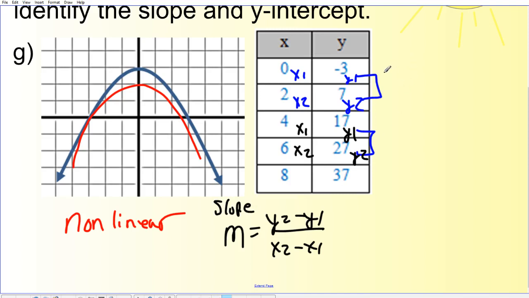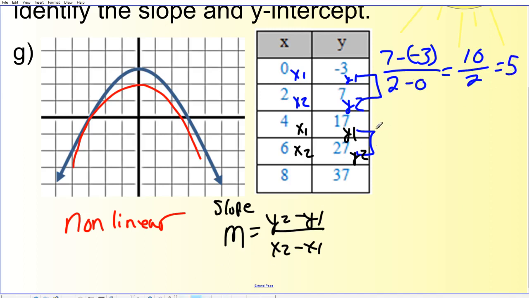So starting in the blue, we have y2 minus y1 over x2 minus x1. And so I'm plugging in the points I've labeled here according to the formula, like we did way back in chapter 4. And I math here, 7 minus negative 3 is 10, and 2 minus 0 is 2, gives me a slope of 5.